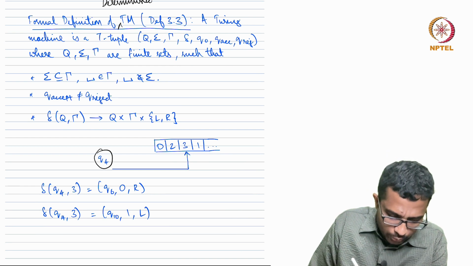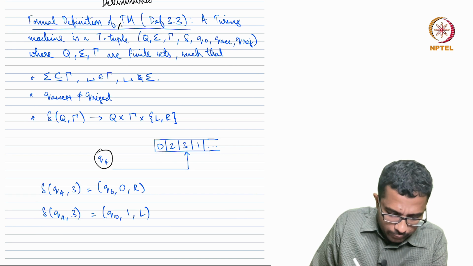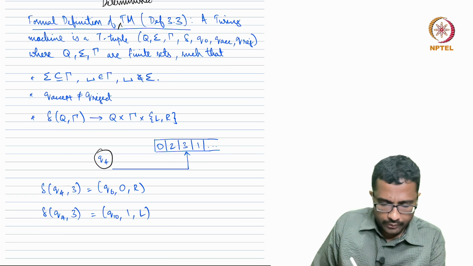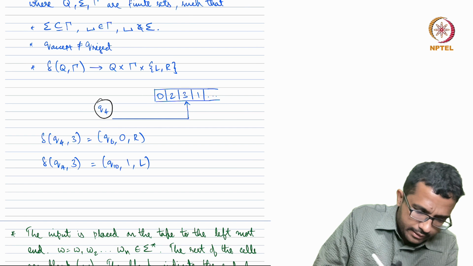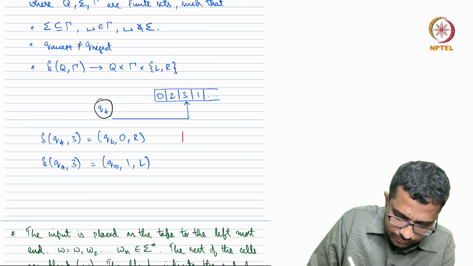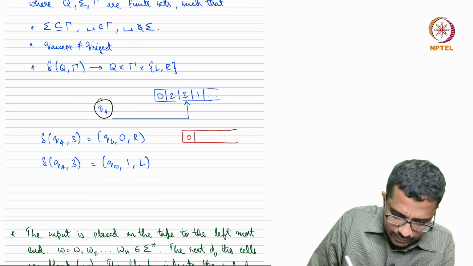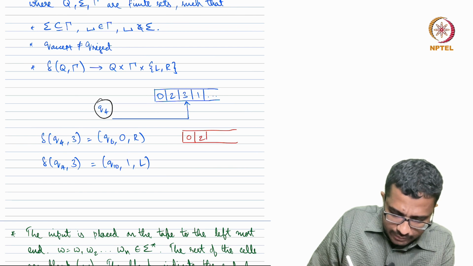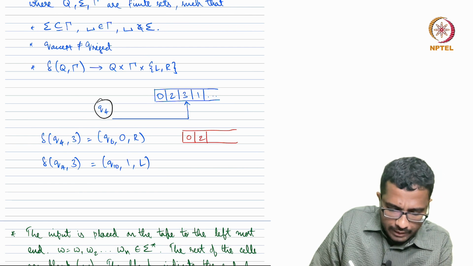Suppose we have the rule delta of Q43 is Q60R. In that case, what happens is 0 remains as it is, 2 remains as it is. So the 3 is replaced by 0.